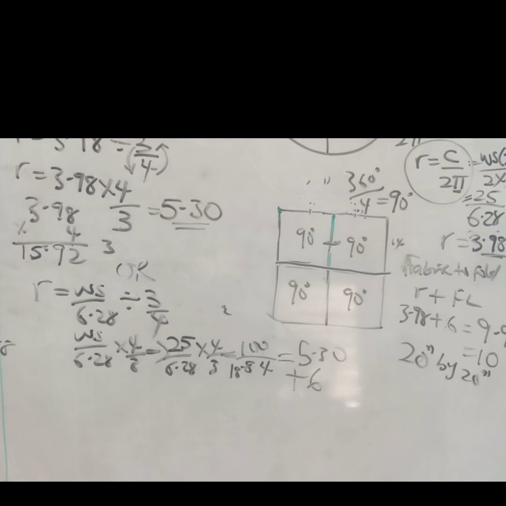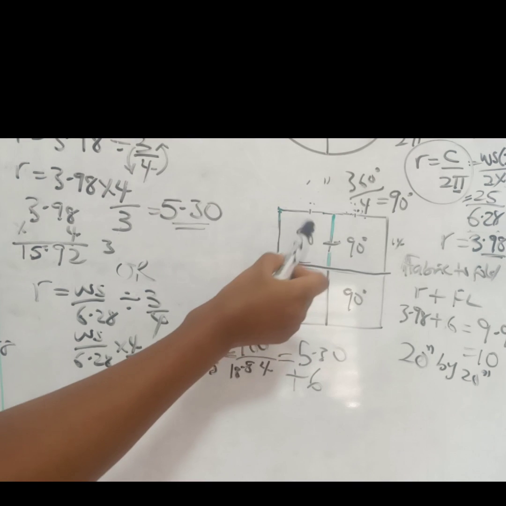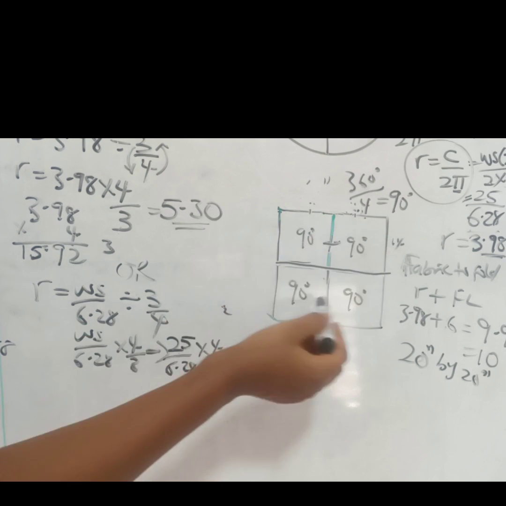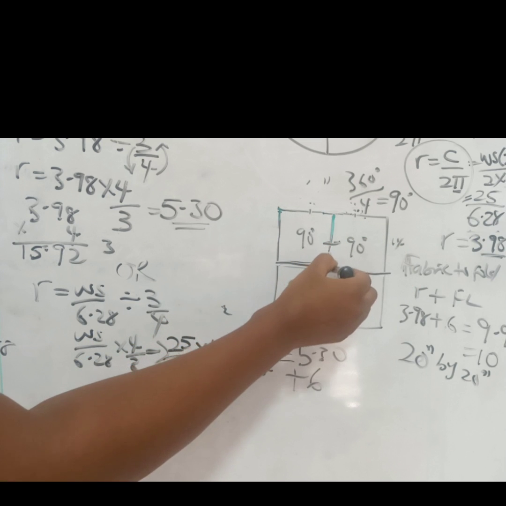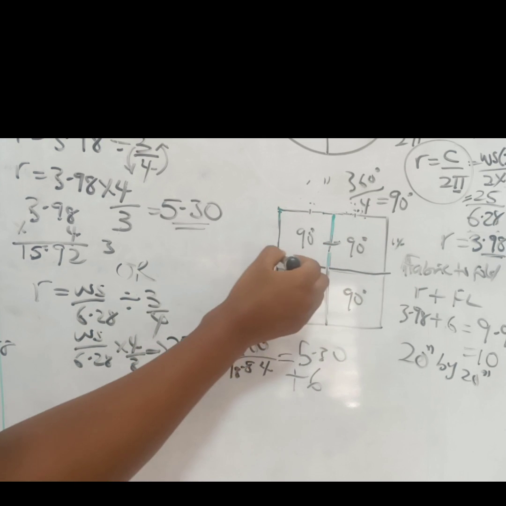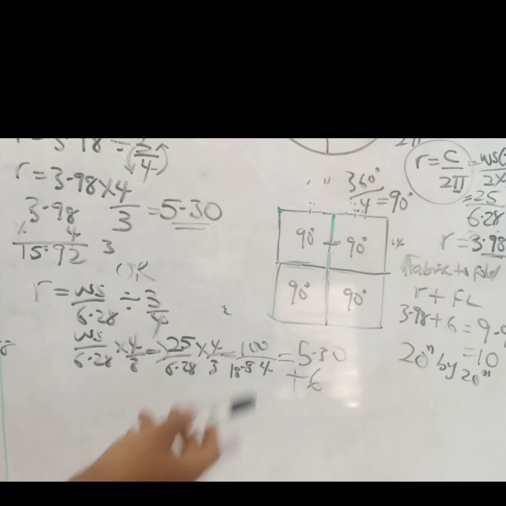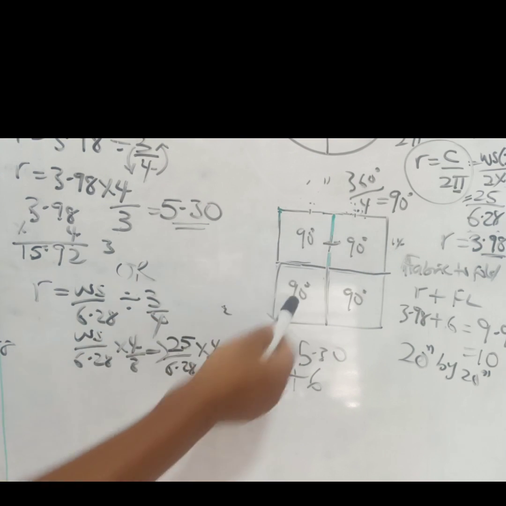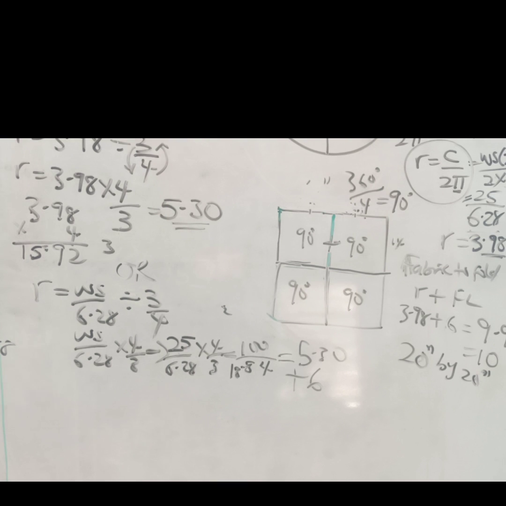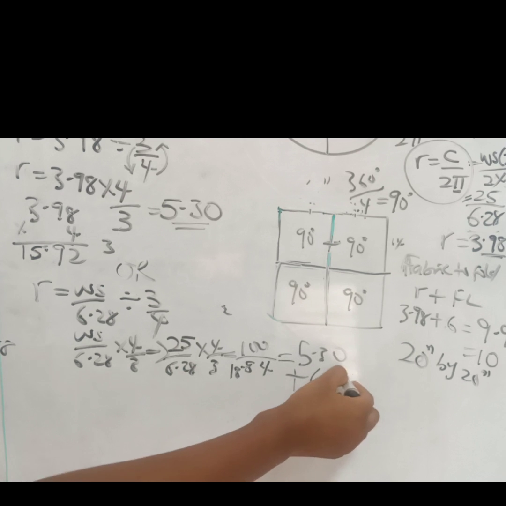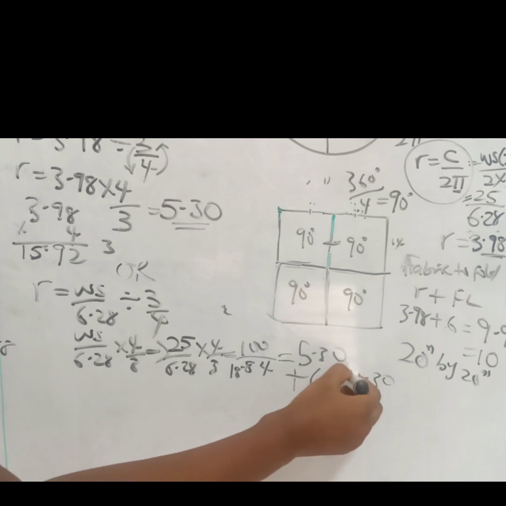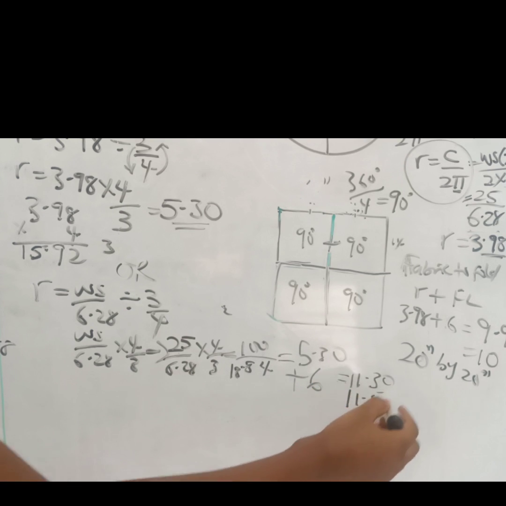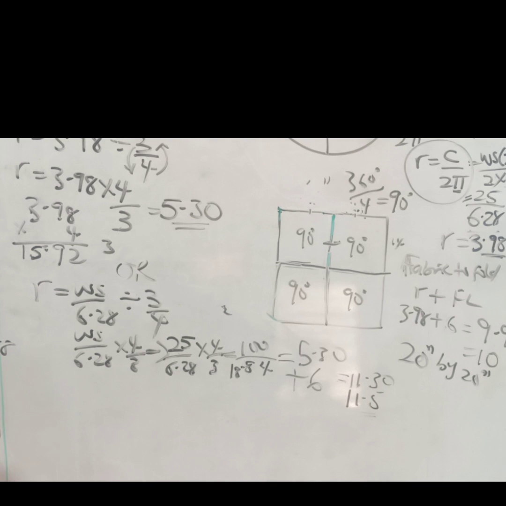And then to know the fabric to put on fold, we'll be adding this to 6. But take note, we are not just making use of 1, 2 now, we still have another one to make it 270. So we have this and then we have this. And of course you know that you cannot cut your fabric like this. If you can cut your fabric like this, no problem, but if not, 5.30 plus 6 is going to give us 11.30, which if we take to the nearest, it will be 11.5, so that we can have allowance for the zipper.